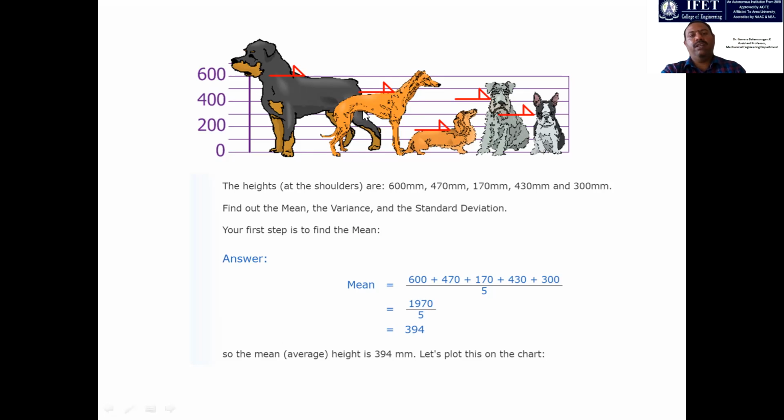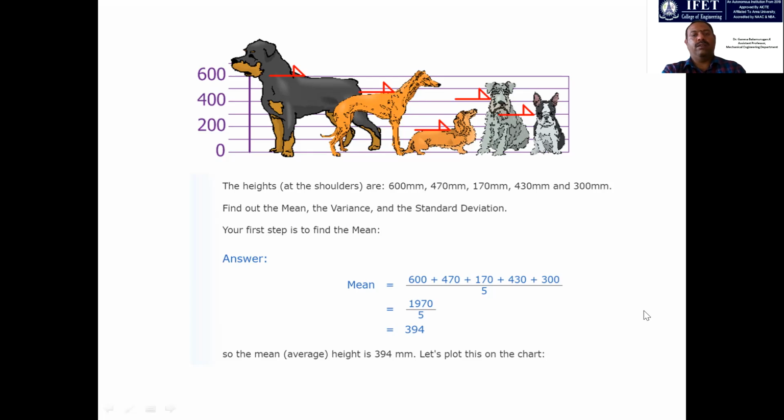First we have to find out the normal dog height, and then how the heights of the breeds vary from it. That is deviation: from the normal dog height, how each and every dog is deviated. For example, this is a Rottweiler. I know the name of this breed.